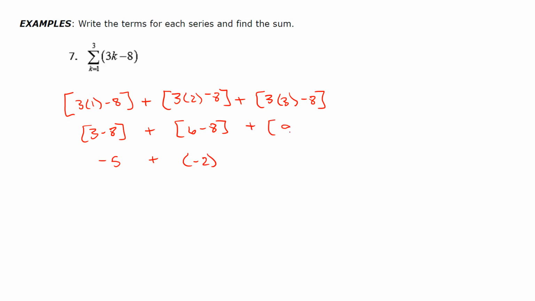And then we'll have 9 minus 8, which simplifies to 1. So the sum of all 3 of these terms would be negative 6. Okay.